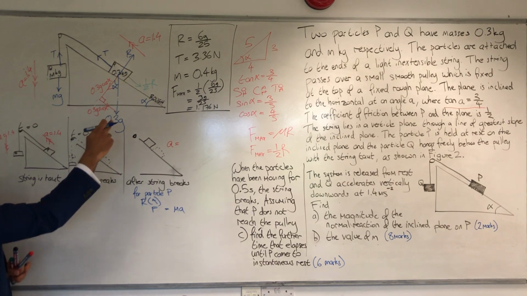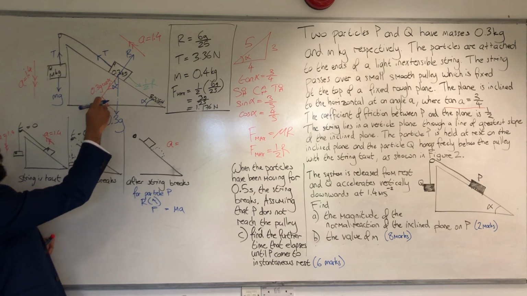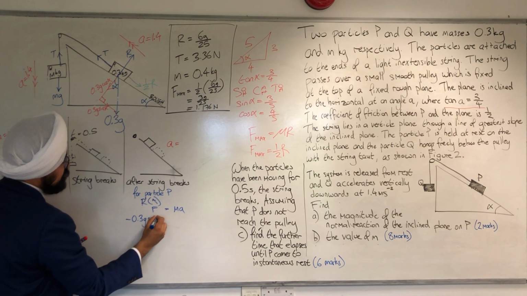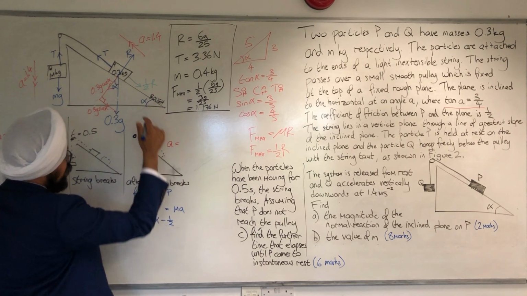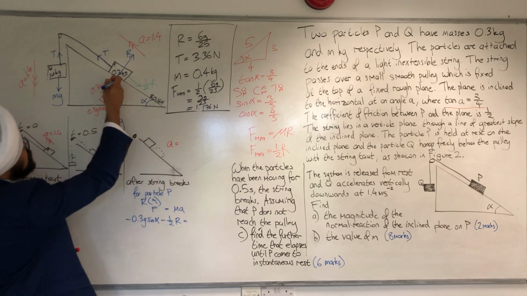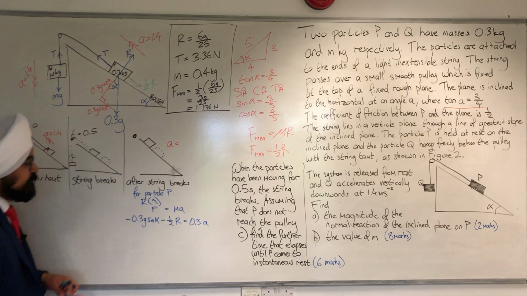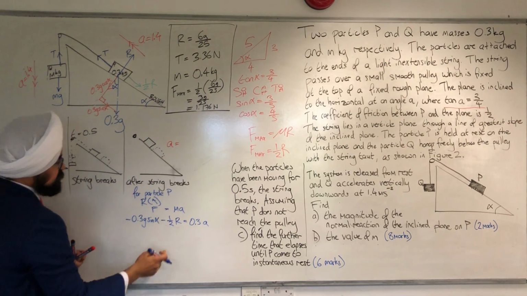But watch, there's no tension anymore. So you're going to have minus 0.3 g sine alpha minus a half R is equal to the mass, which is 0.3, times the acceleration. Now in your previous question, you already worked out what R is, so I can sub it in there.